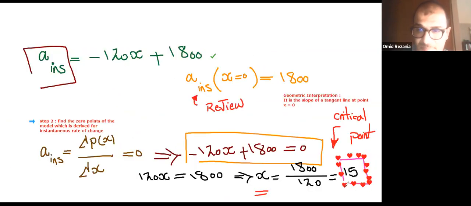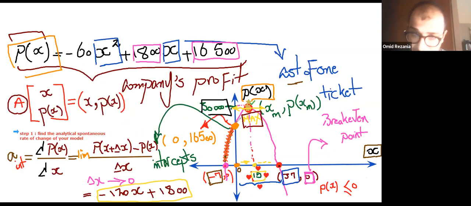It means that if I go back to this plot, for any point from x equal to 0 to x equal to 15, not the 15 itself, because at 15 the instantaneous rate has become 0, if the sign is positive, it means that the slope of the tangent line is positive.